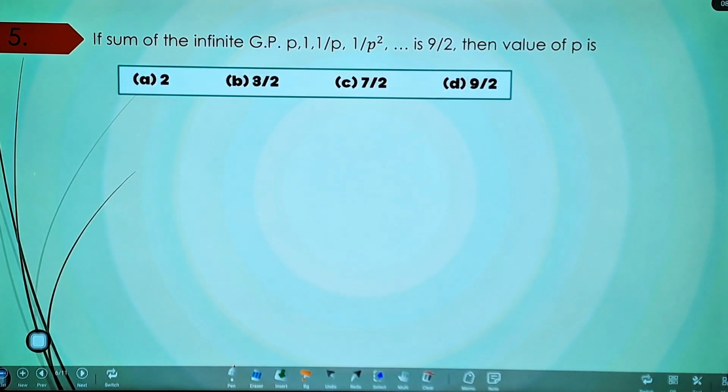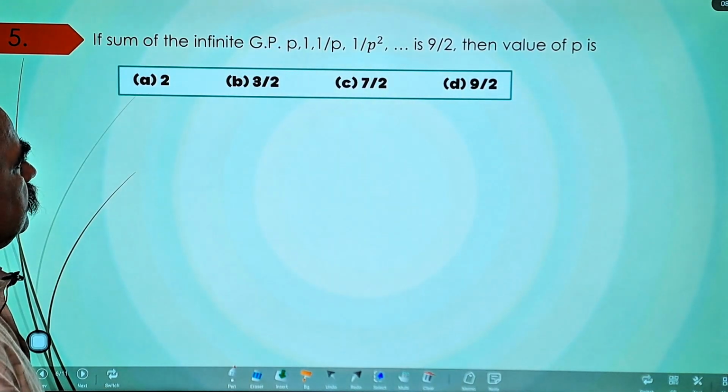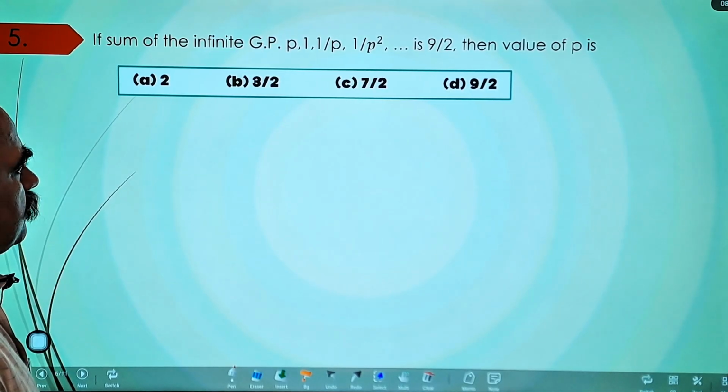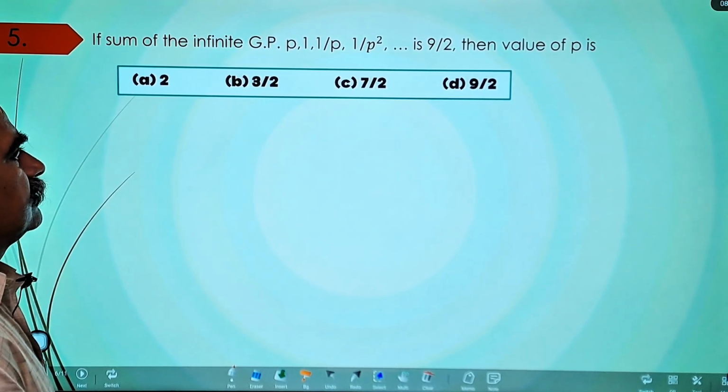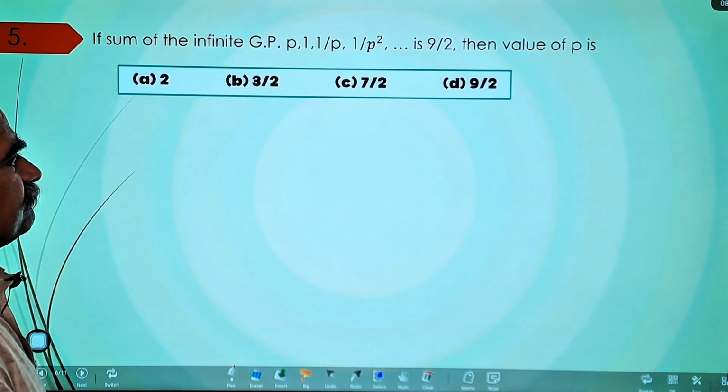See the next. The sum of infinite GP p, 1, 1 upon p, 1 upon p square is 9 by 2. Then the value of p is?